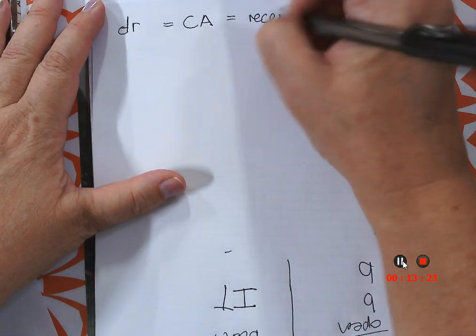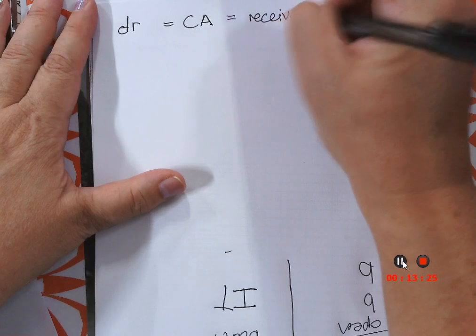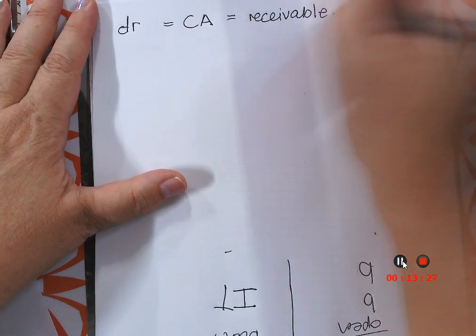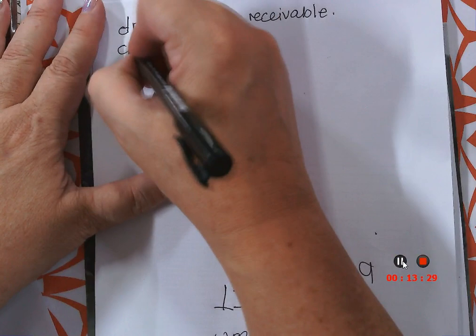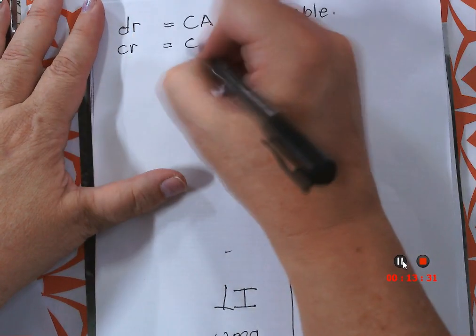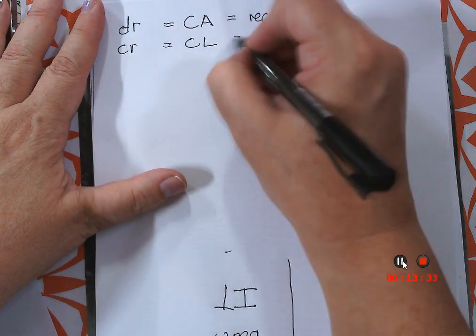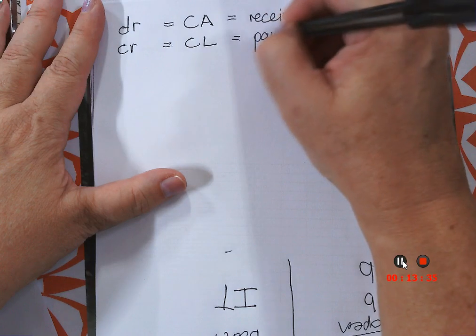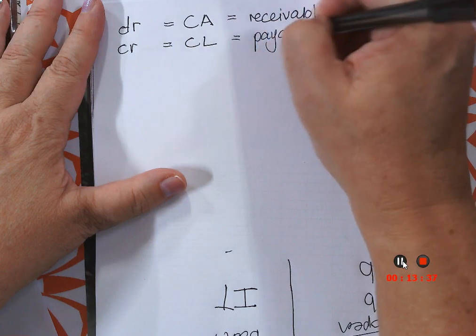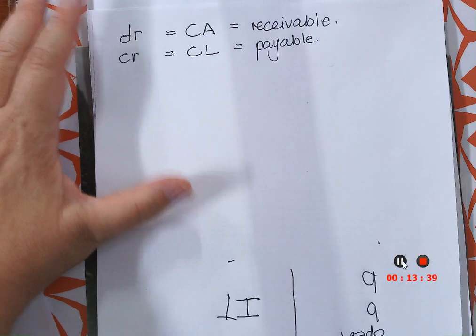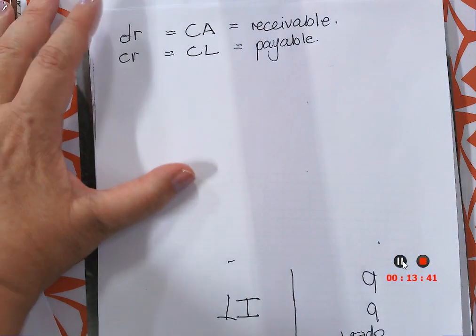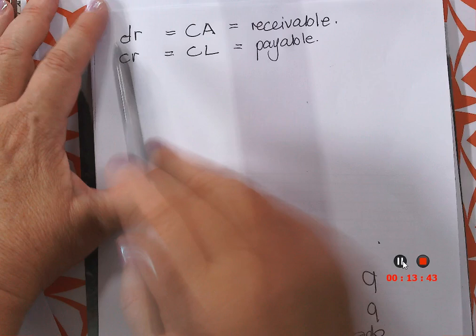You get what I'm saying? If SARS has got a credit balance, it's a current liability, so it is a payable. Now, they can give you the information in any format.